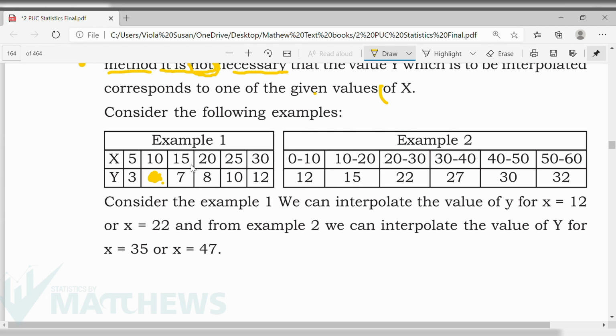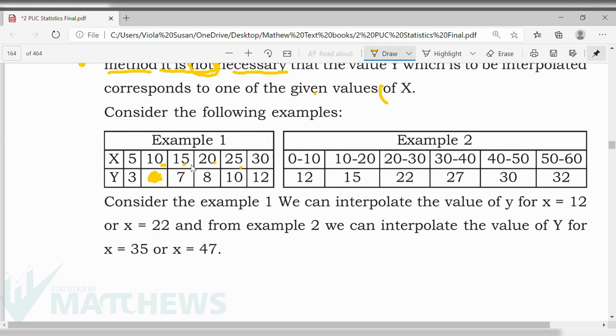We can find only those values of y which belong to these given values of x. Only if the corresponding y values are missing can we use the binomial expansion method.